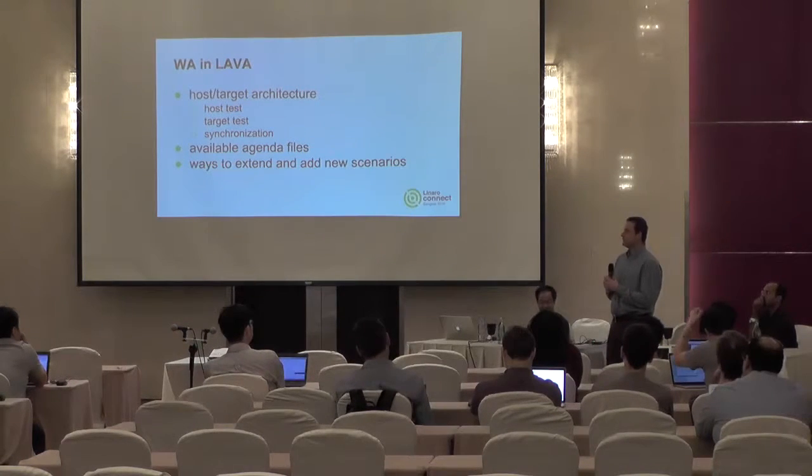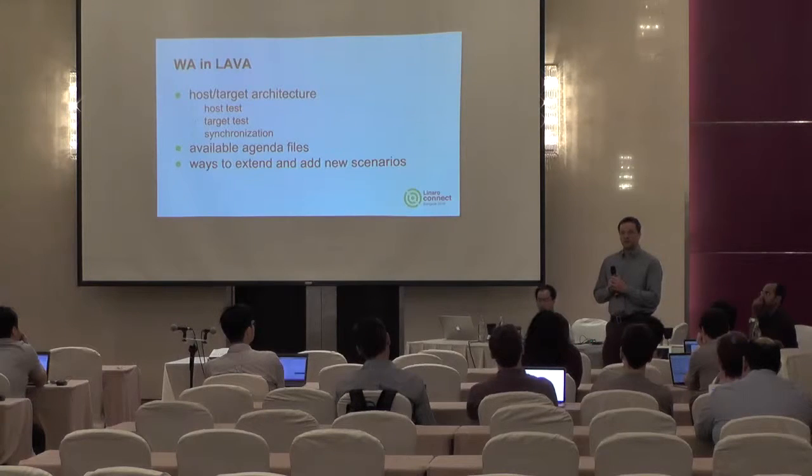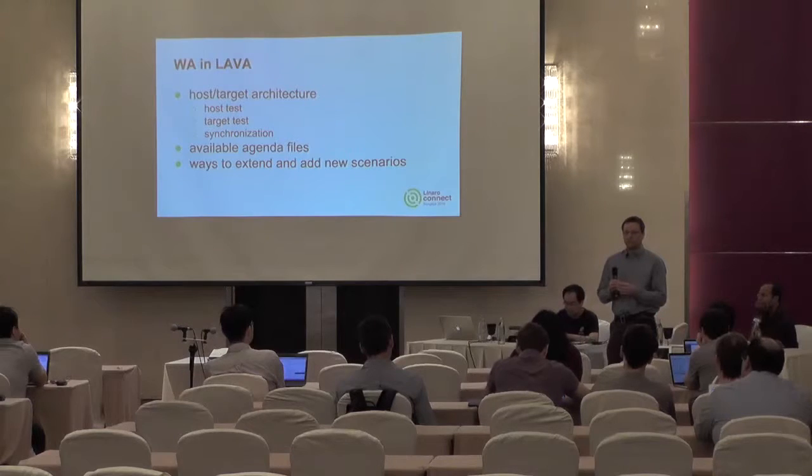So basically what we need to make sure is that Workload Automation doesn't reboot the board, and that can be done. We need to make sure that all our agenda files contain the reboot policy never. The other part is that Workload Automation, as I was talking in the beginning, is a host-target based environment.